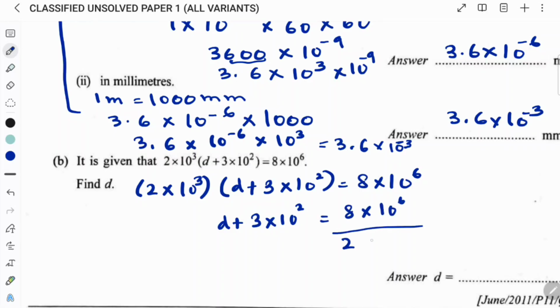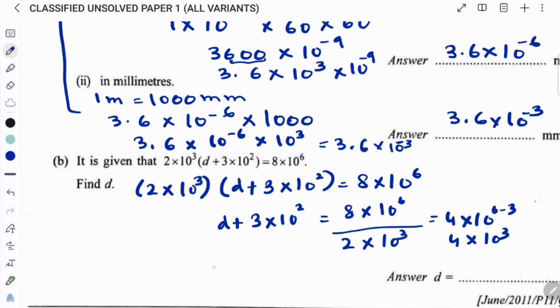It's multiplying, so it will divide. Now when we divide, 2 times 4 is 8. That will become 4 into 10 to the power 6 minus 3, 4 into 10 cube. Now what do we have? D plus 3 into 10 square. 3 into 10 square is how much? 300.